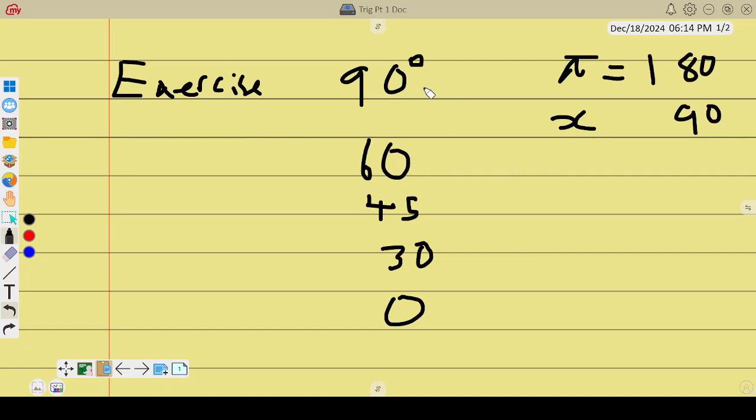So now, under special angles, when you convert that, actually that's what you get. Under special angles, we need to know how to interpret them very well.